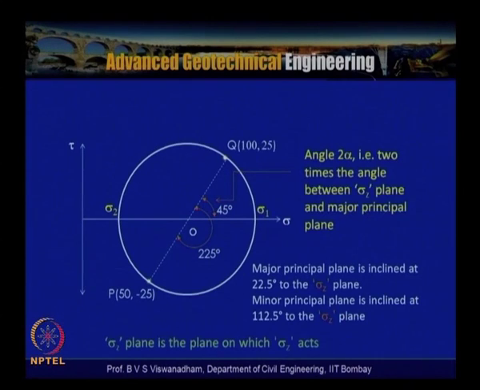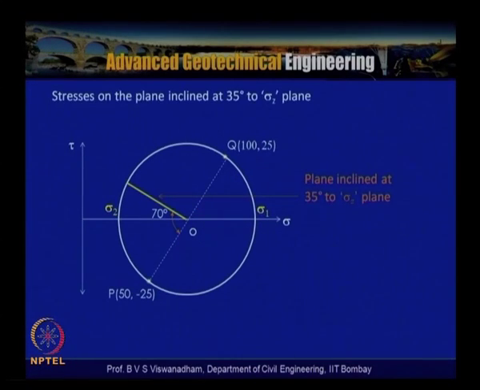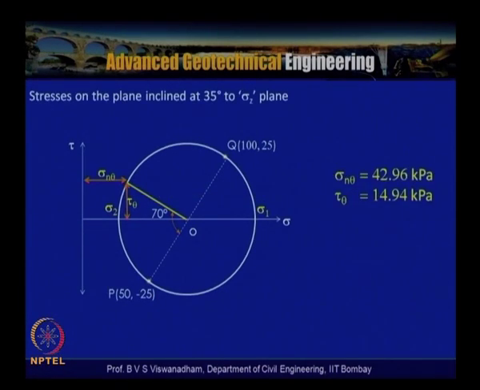So the sigma z plane is nothing but the plane on which sigma z acts. After this, for the plane inclined at 35 degrees to the sigma z plane, the stresses on that plane are obtained by the point.